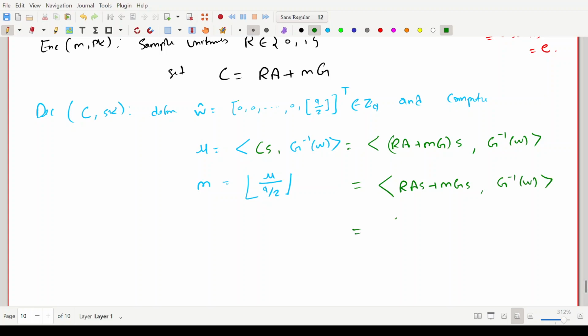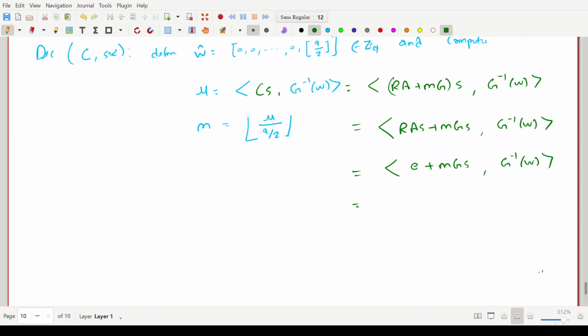RAS is E into S, so it will be some error E plus MGS, comma, G inverse of W. See, this was the problem I was facing, my error term.